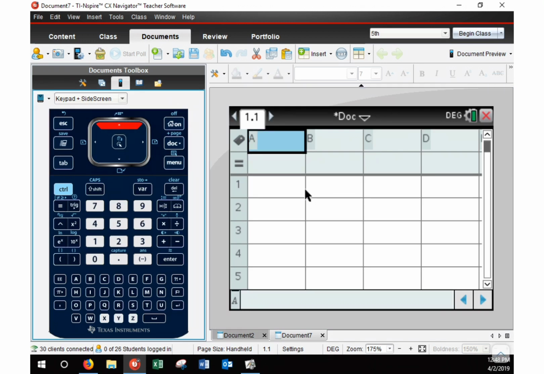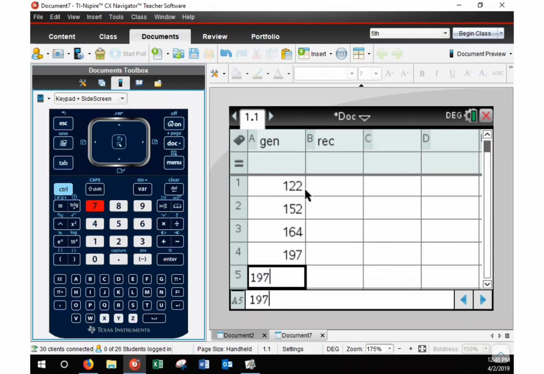So we've got waste generated, which I'm just going to call gen for generated, and waste recycled, so I'm going to just say rec for recycled. Then we're going to enter in our information, right? And this is in millions of tons, so 122, 152, 164, 197, 197, 202, 205, 210, and 208.